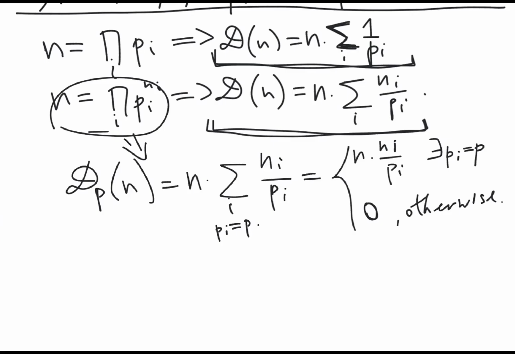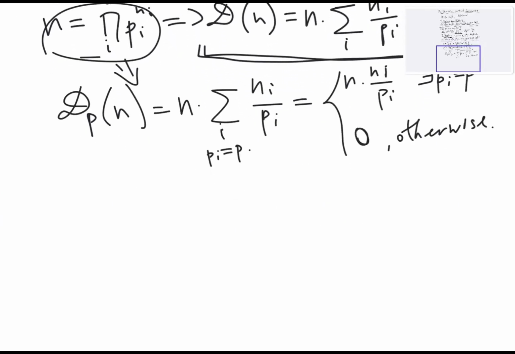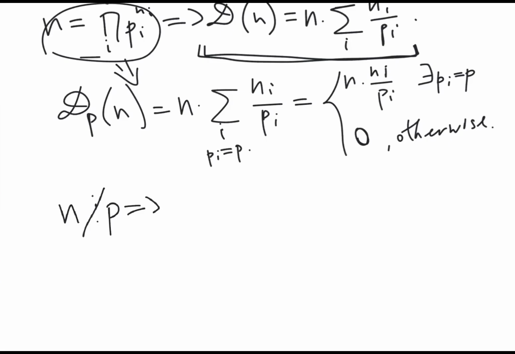Let's rewrite it another way. For now, I'm just giving this formula without proof, but we will need to verify it. We will need to prove that this formula holds. So if n is not divisible by p, then the partial derivative is just 0.